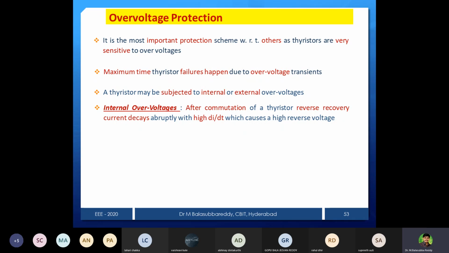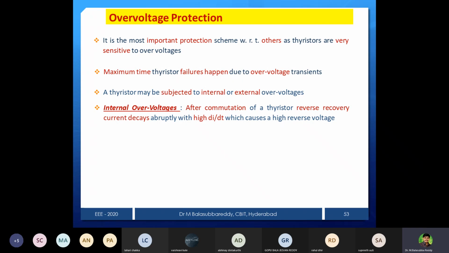The reverse recovery current decays abruptly with a high di by dt. Yesterday we saw the dynamic characteristics: when the current is zero, a negative voltage will appear across that device. So after commutation there is the reverse recovery current, that means the trr and tgr I mentioned, which turns off abruptly with high di by dt.